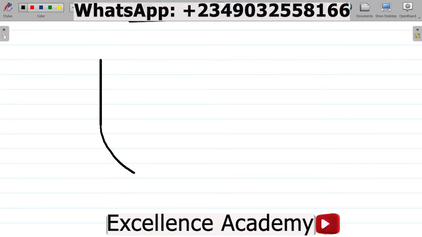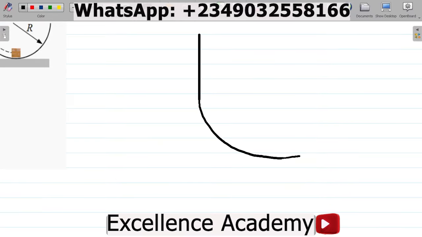Let's see how we can get this hoop done. So here, like this, and then going upwards this way. Then let's just take this up a bit, somewhere around here. All right, I'm going to put this as the bottom of the hoop.